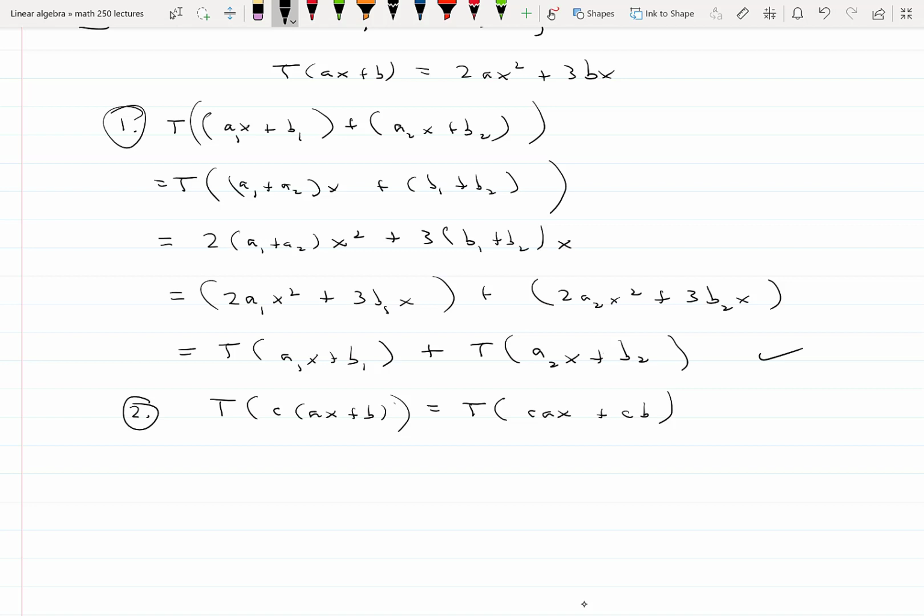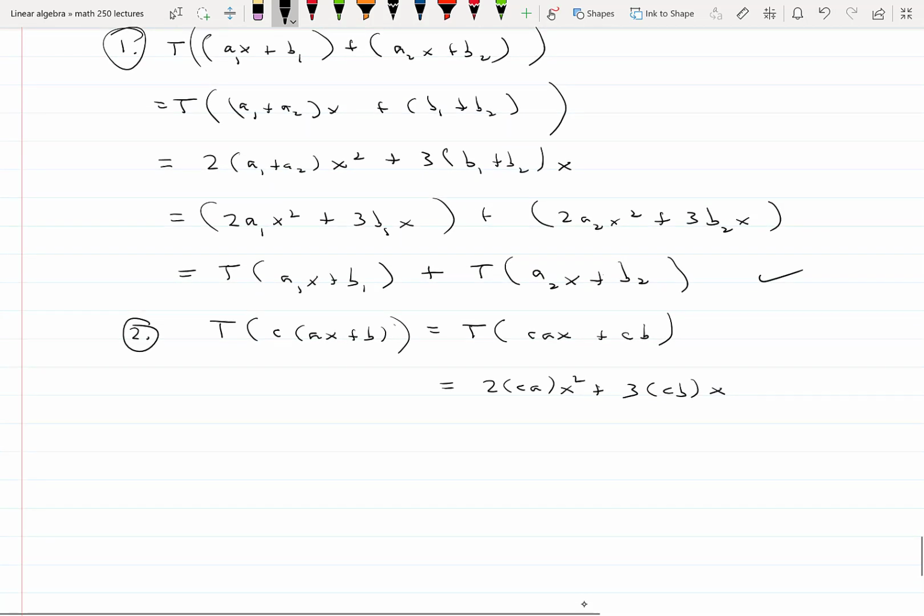That's the operation of scalar multiplication in P1. So what does T do to this particular vector? It turns it into 2 times cax plus 3 times cb, x squared and 3 times cbx. This is just a quadratic.